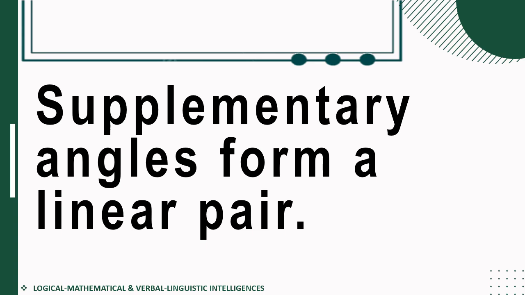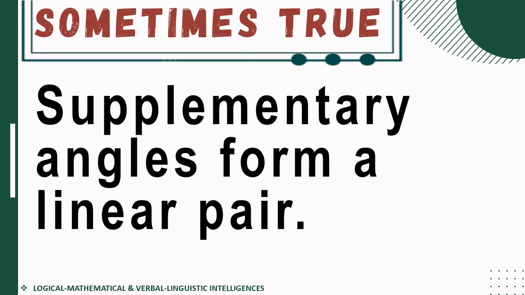Supplementary angles form a linear pair. So this statement is sometimes true. Alright? So for us to have supplementary angles, we do not mind some other conditions aside from having a sum of 180 degrees. So let's say, in our discussion about supplementary angles a while ago, I've given you an example wherein the two angles are separated.